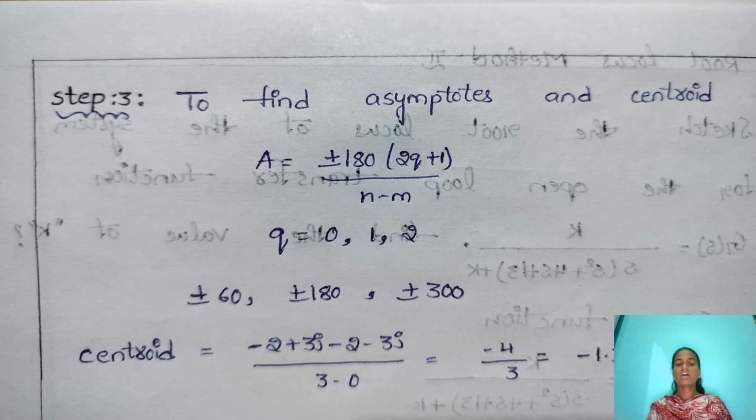By substituting the values of q we get ±60, ±180 and ±300. The centroid formula is the sum of the poles minus the sum of the zeros, divided by the number of poles minus the number of zeros. The sum of the poles is −2 + 3j − 2 − 3j = −4, divided by 3 minus 0, so the value is −4/3 = −1.36.